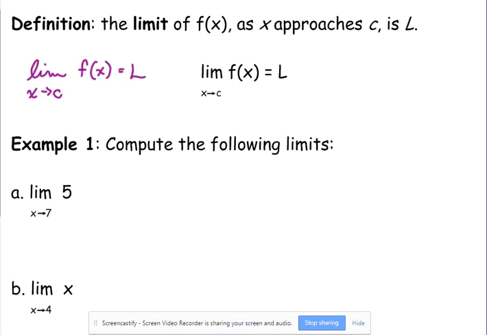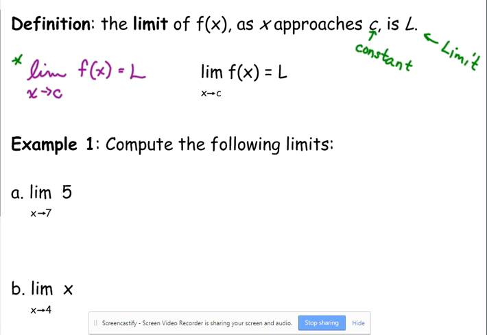So that's truly what a limit is. The limit of a function as x approaches c. C for us will always represent a constant. And this capital L here is going to represent the limit of the function. So this is the notation that we use. I always, for whatever reason, write the LIM, the abbreviation for limit, in cursive.